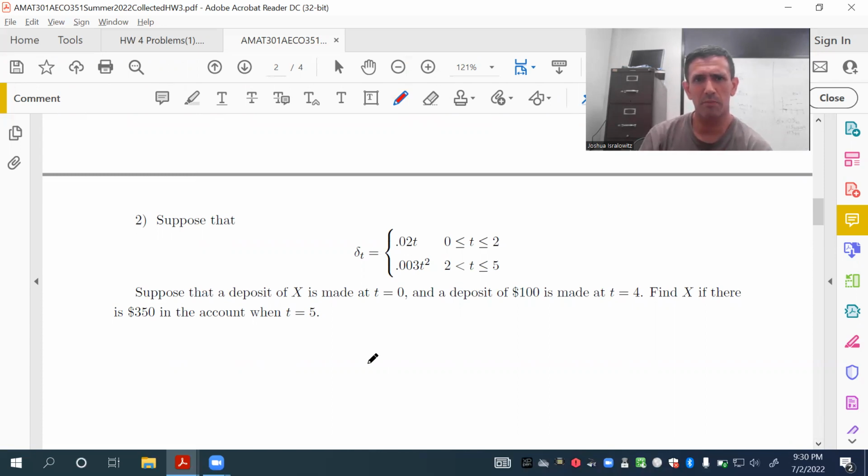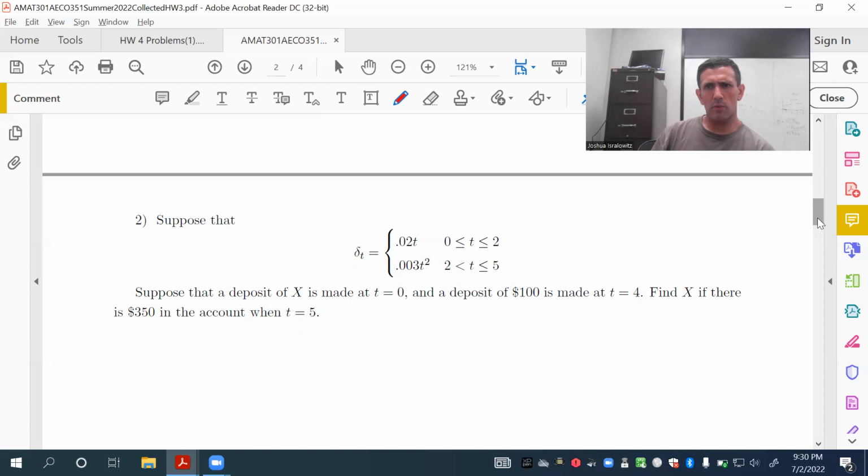People mixing up the deposit of X and the deposit of 100. I have no idea why exactly, but I'm not going to speculate on why.